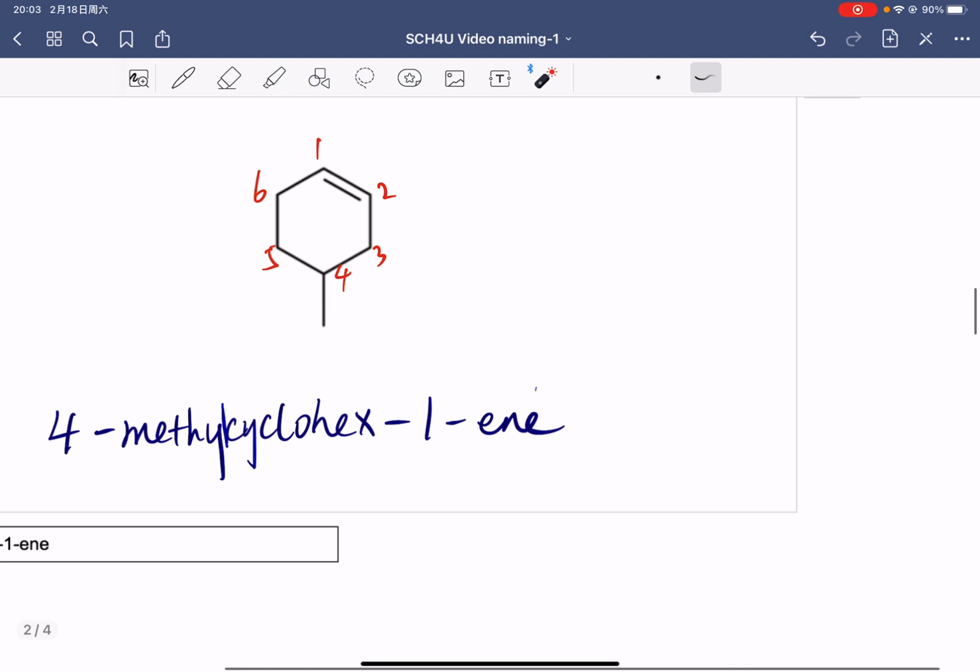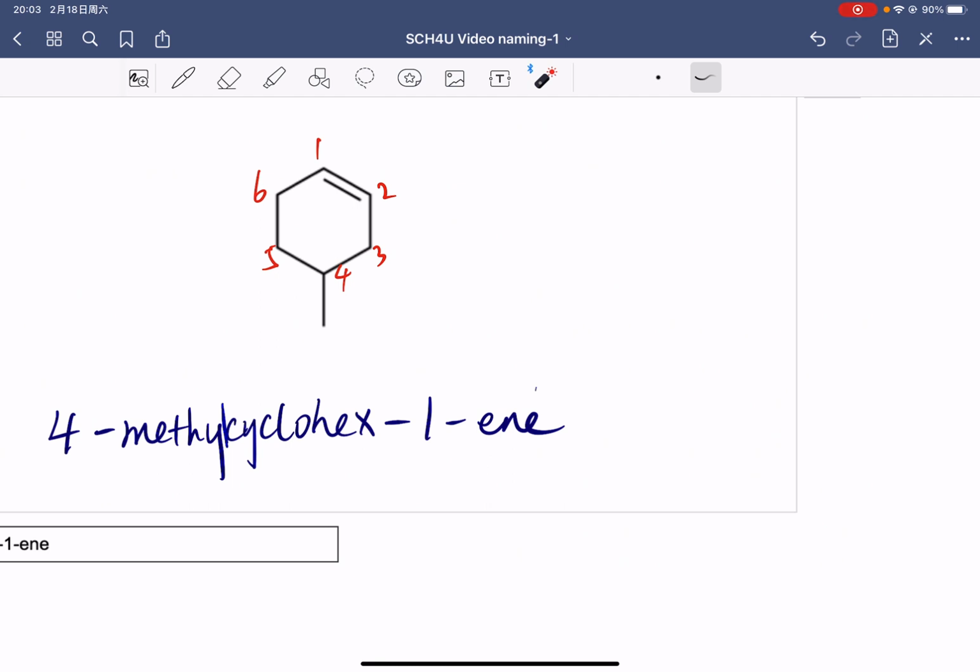But if we start from the other side, what will happen? It's carbon 1, 2, 3, 4, 5, 6, so the double bond will be on the 6th carbon. That is not as good as the 1st carbon. So I will choose to name it this way.